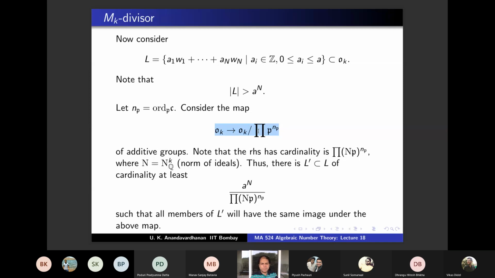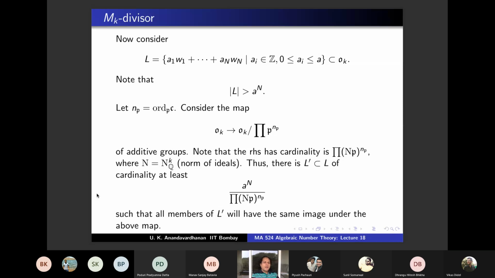So at least these many things of L will go to the same thing, and that is called the set L prime. There is a set L prime, all whose elements will have the same image and of cardinality at least this much.